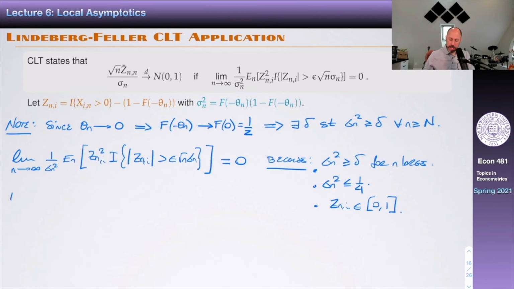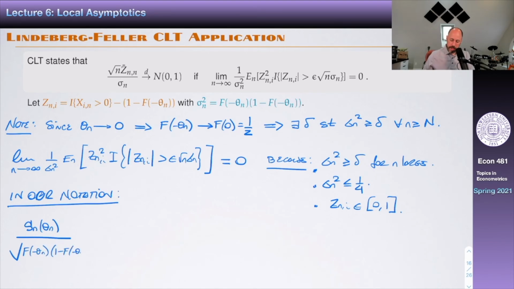Now in our notation, we have that Sn(theta n) divided by the square root of f(negative theta n)(1 minus f(negative theta n)) converges in distribution to a normal 0, 1 under p theta n.